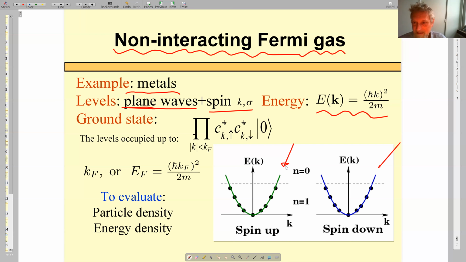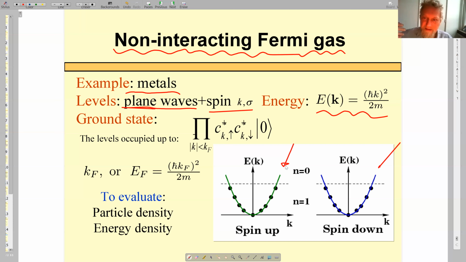One has to take into account that there is some electron density, a number of electrons per unit volume, which you have to put into the metal. In realistic situations, this number of electrons is determined by the valence of the metal, the number of electrons per atom.